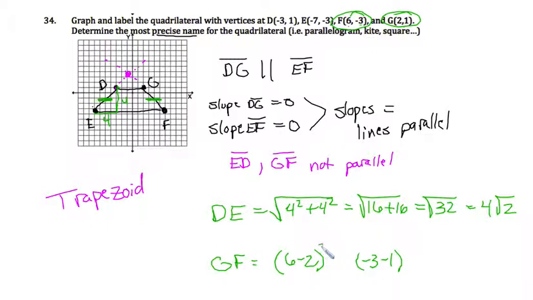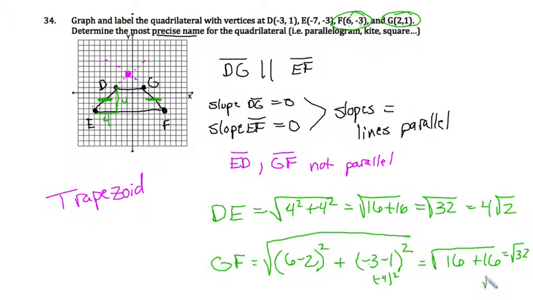But it's x minus x squared plus y minus y squared, and then we square root the whole thing. So here I'm going to get 6 minus 2 is 4. 4 squared is 16. Negative 3 minus 1 is negative 4. But negative 4 squared is also a positive 16. So you can tell probably right now that I'm going to get the same number because I'm still going to get the square root of 32, which is going to reduce to 4 root 2 for GF. So DE and GF, in fact, are the same.